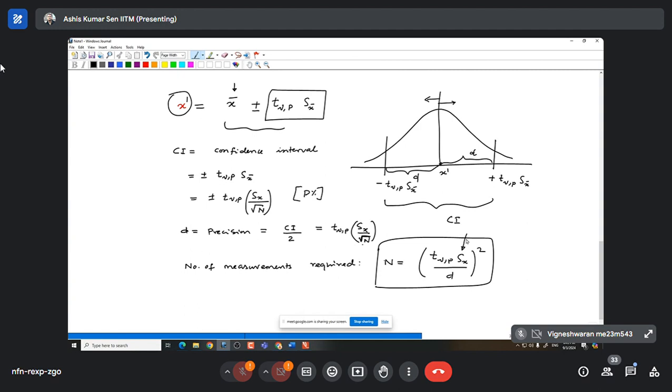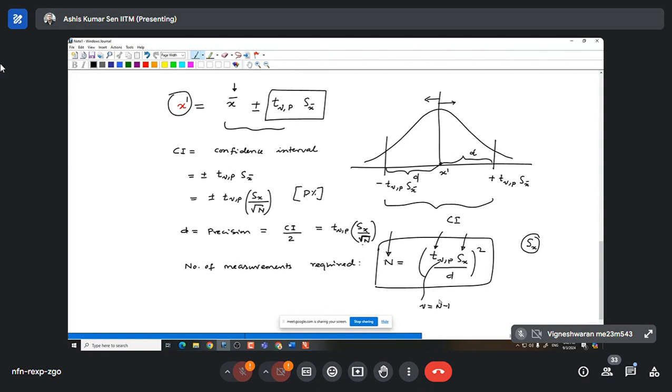Now, if you want to find n, you have an acceptable limit. That means you have a specification of sx, and you need to know the number of measurements, but t depends on n, because the nu that you want to find out is n minus 1.